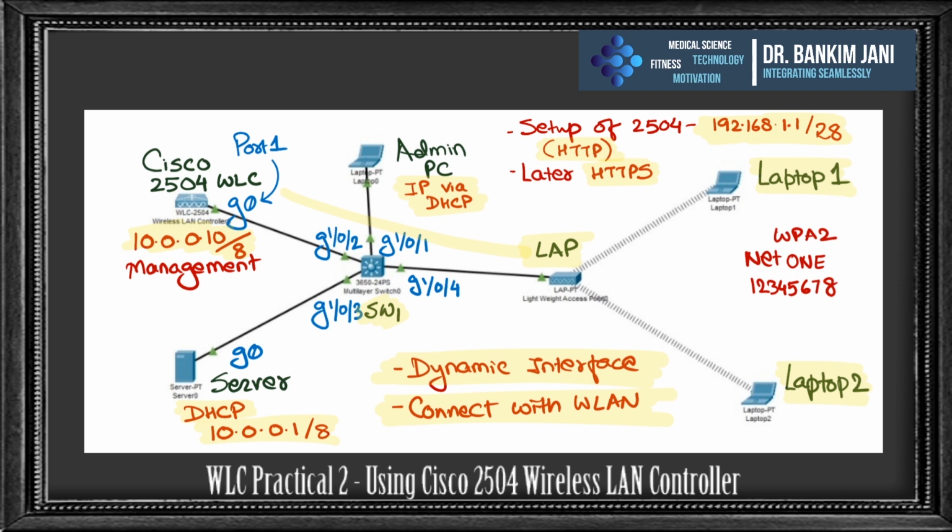As we are using only one WLAN, over here this would be the management WLAN, so it will be automatically created as we'll be creating it during the setup. Let's do it.